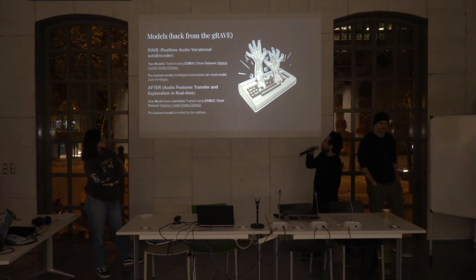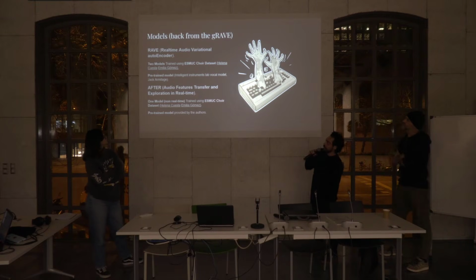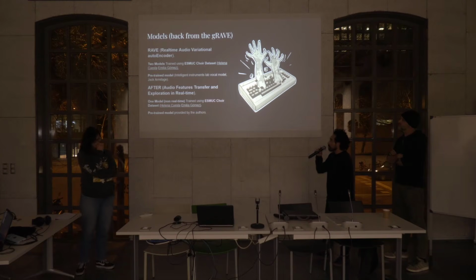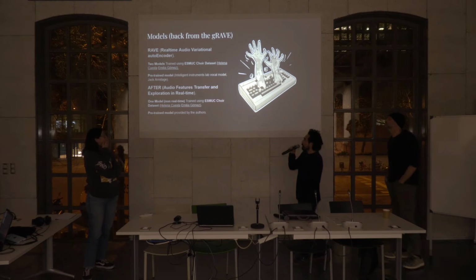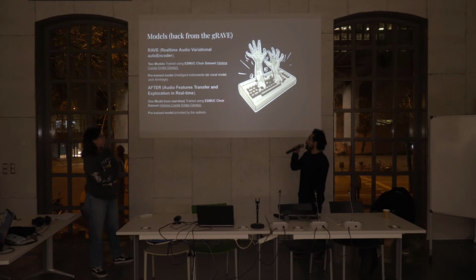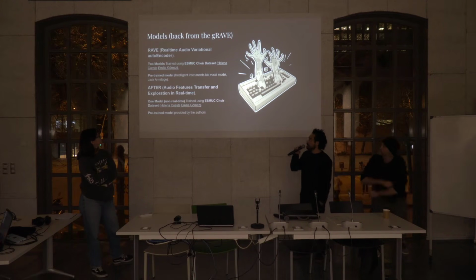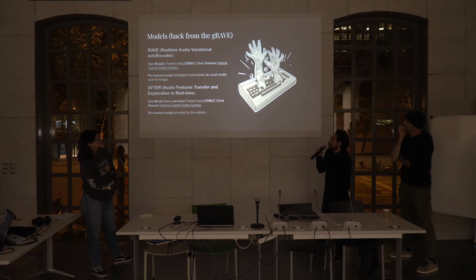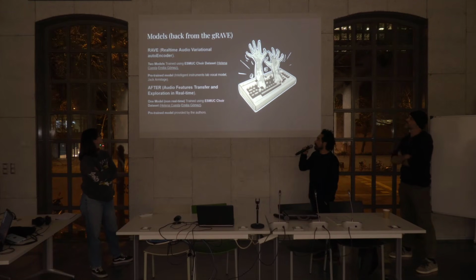Really quick, to create the sound we use RAVE. We trained two models using a dataset, the Smoke choir dataset. If you know Smoke, it's a music school here in Barcelona.